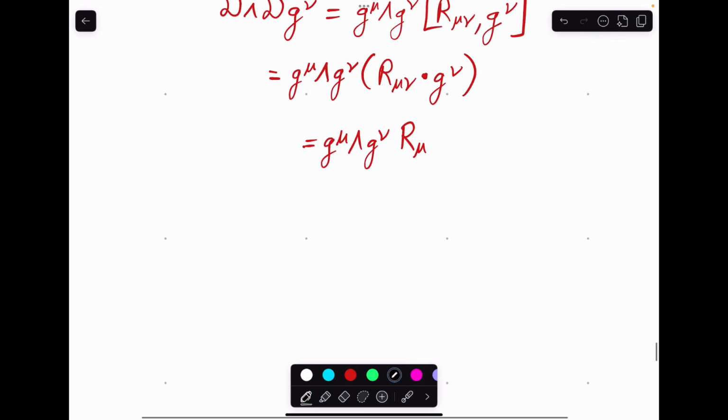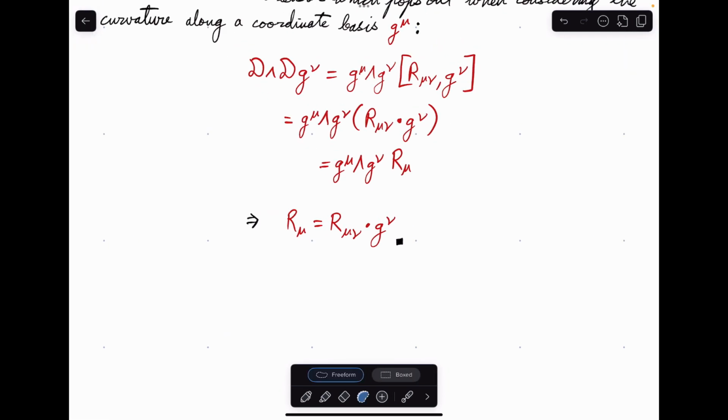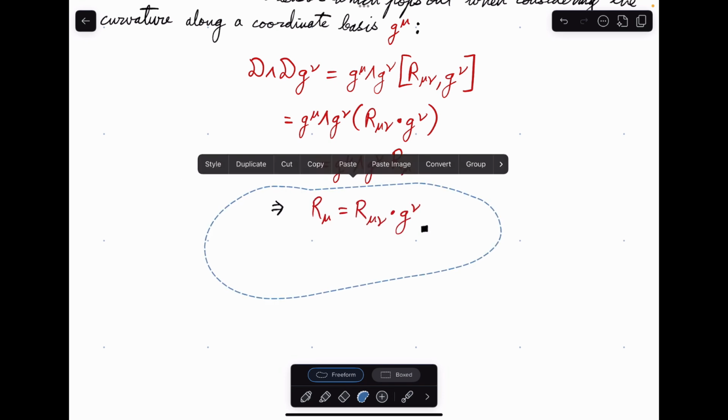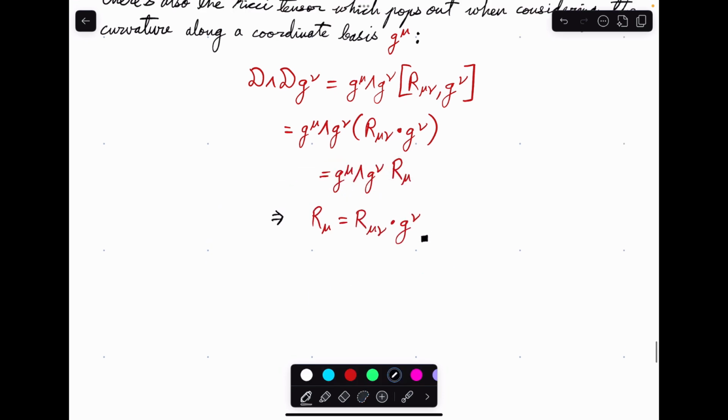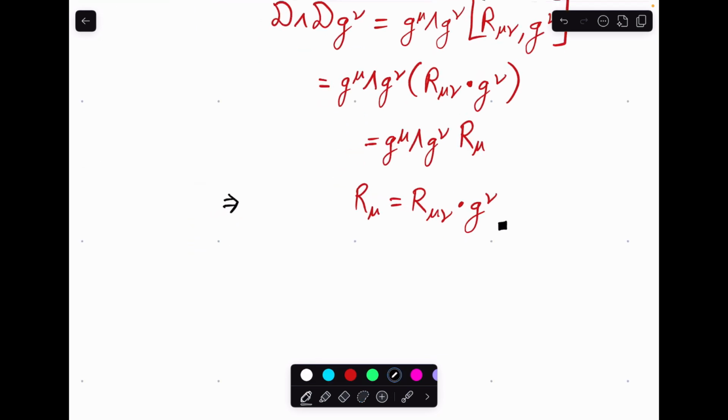This implies that R mu is defined as the Riemann bivector with one of its indices dotted out. Actually, I didn't do the consistent thing.